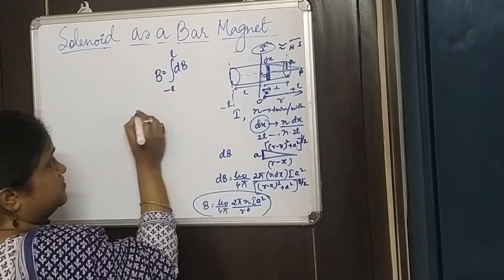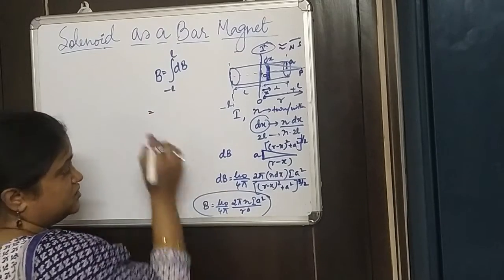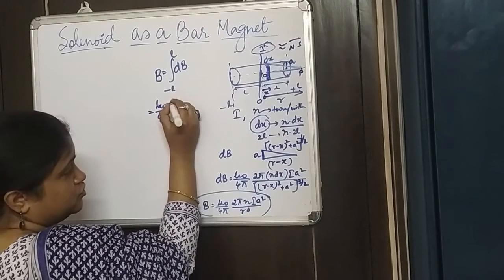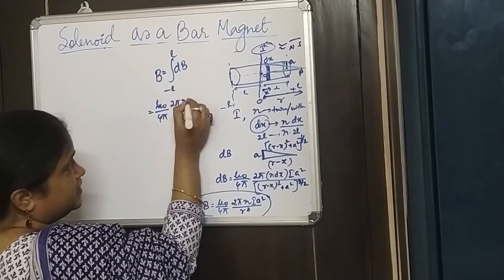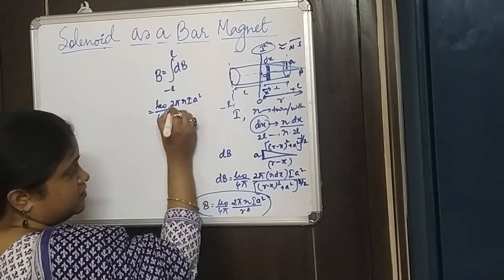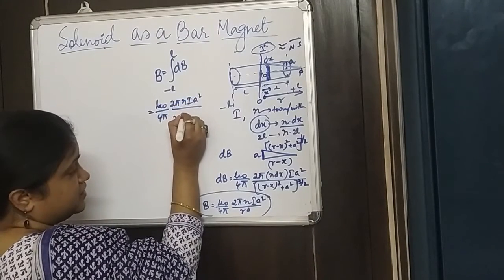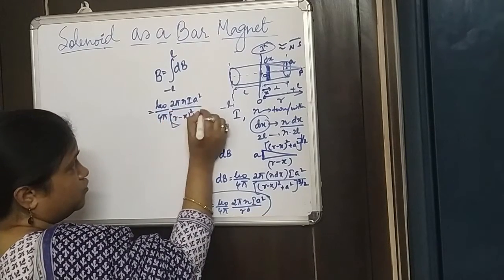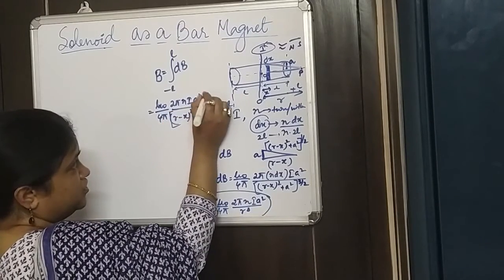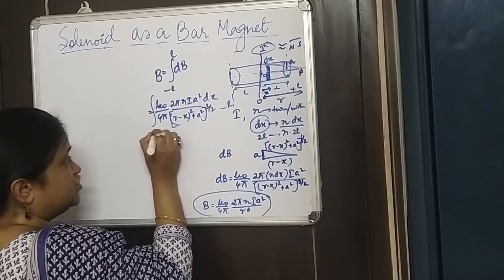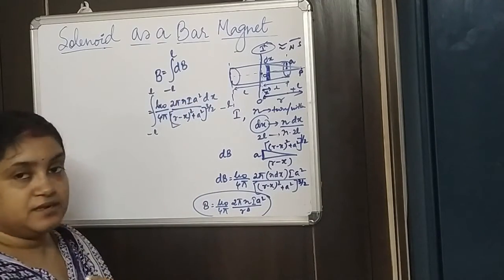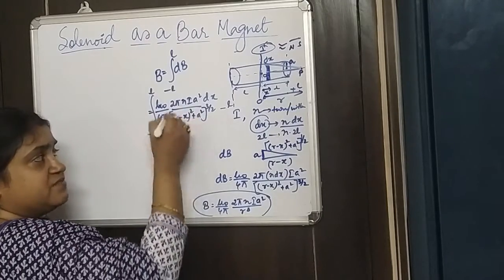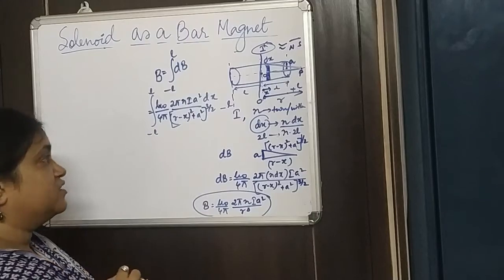So, when we do this, we will just substitute. This becomes mu naught by 4 pi, 2 pi n I a square by (r minus x) whole square plus a square, whole to the power 3 by 2, into dx, and integration from minus L to plus L, right? Now, we will take a little approximation because this part is very clumsy and very complicated.